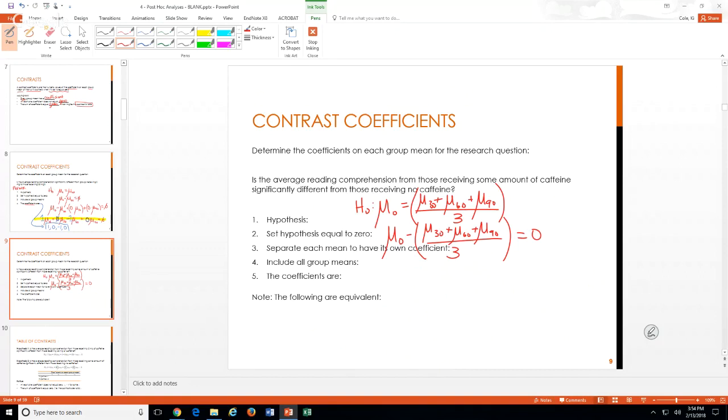Okay, now we have a little bit of a problem because there's not a single coefficient on the 30, 60, 90. We need each of those group means to have their own coefficient. So how can I do that?